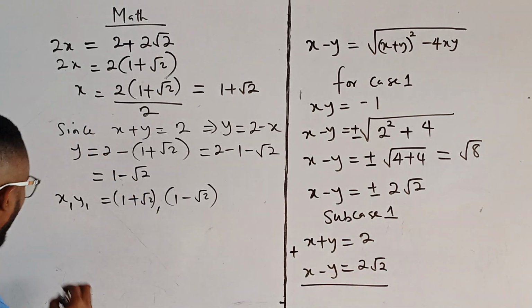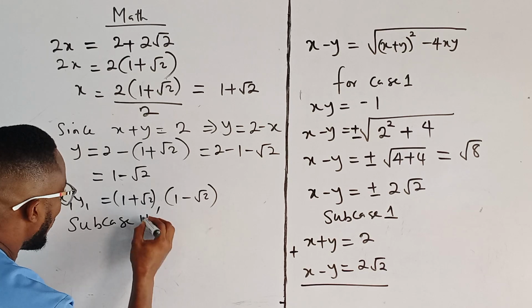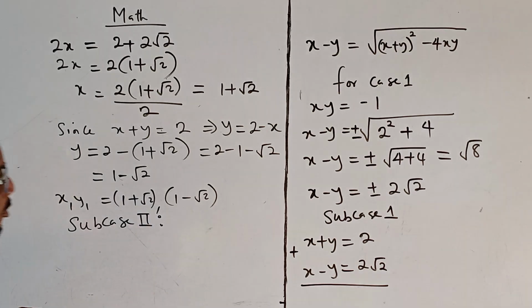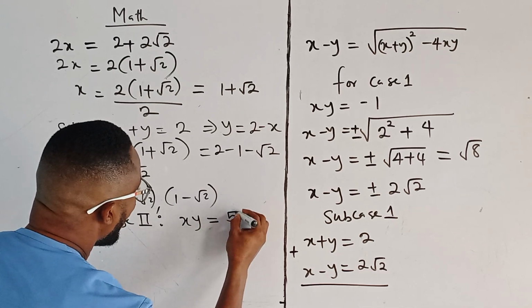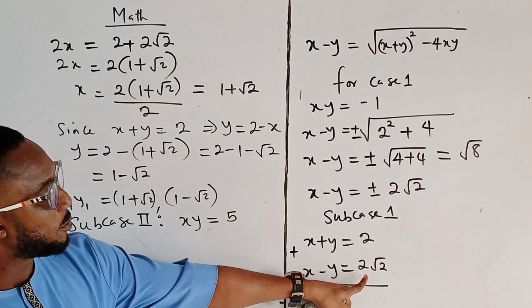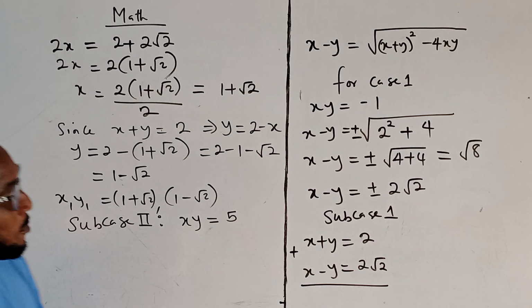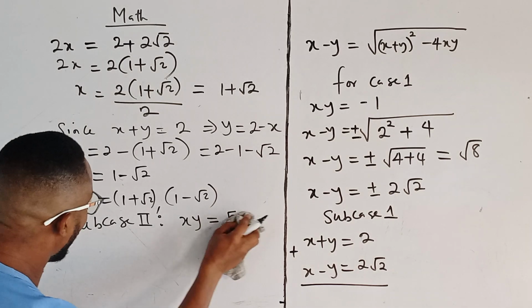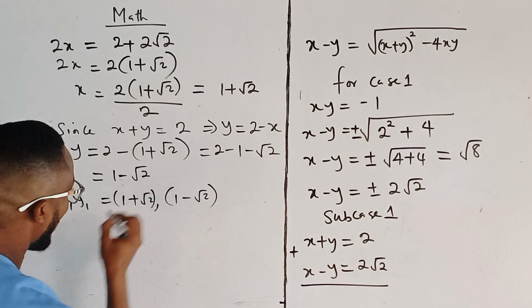Then subcase 2. We are then having xy equal to 5. No. We have used the positive value for x minus y, we need to use the negative value. Very sorry for this. I'm overexcited. Okay. Very interesting problem.